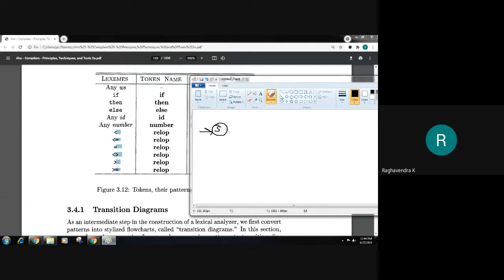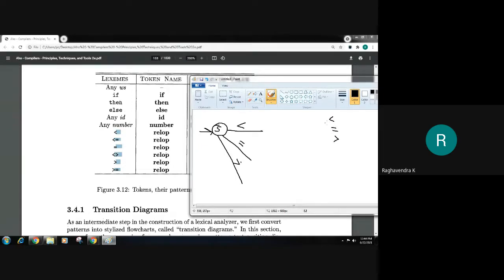From the start state, what is the possibility? I can come across a less than symbol, or an equal to symbol, or a greater than symbol. So there are three symbols, the first symbol that I can read, for less than, equal to, and greater than.